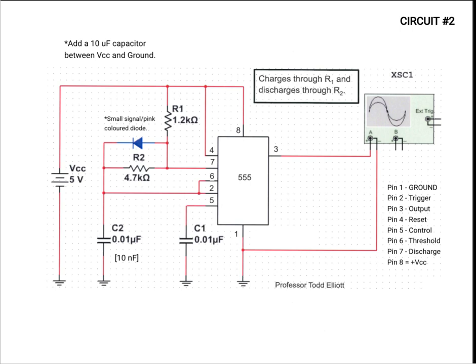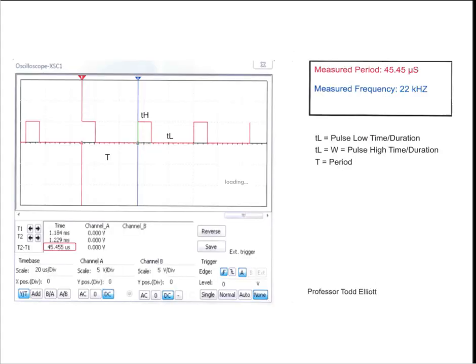In this configuration, this shortens the discharge time, because when the capacitor discharges, it'll discharge basically through R2 because it's being bypassed by that diode. So what we're using this for is changing the duty cycle. If we need an oscillator that has a duty cycle that's less than 50%, we simply add that diode in.